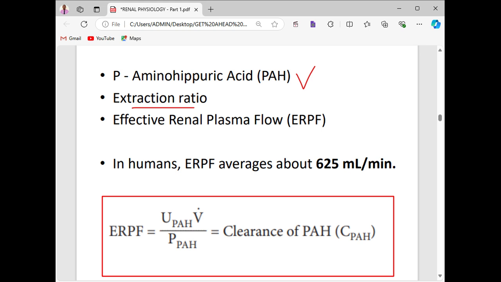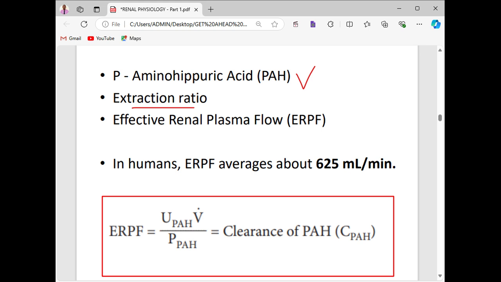The peripheral venous plasma can be used because its PAH concentration is essentially identical to that in the arterial plasma reaching the kidney.